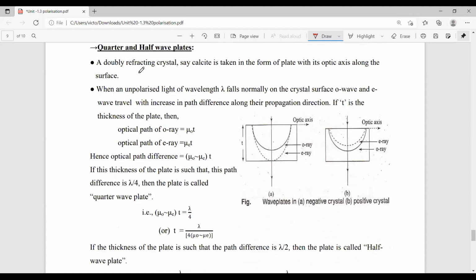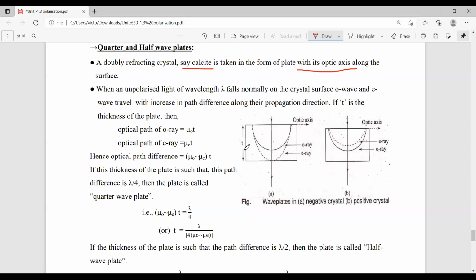Here we use a double refracting crystal, for example calcite. Now the calcite crystal is cut along the optic axis plane. This is a calcite glass plate, and it is cut along the optic axis. When you observe, this is the direction of the optic axis.